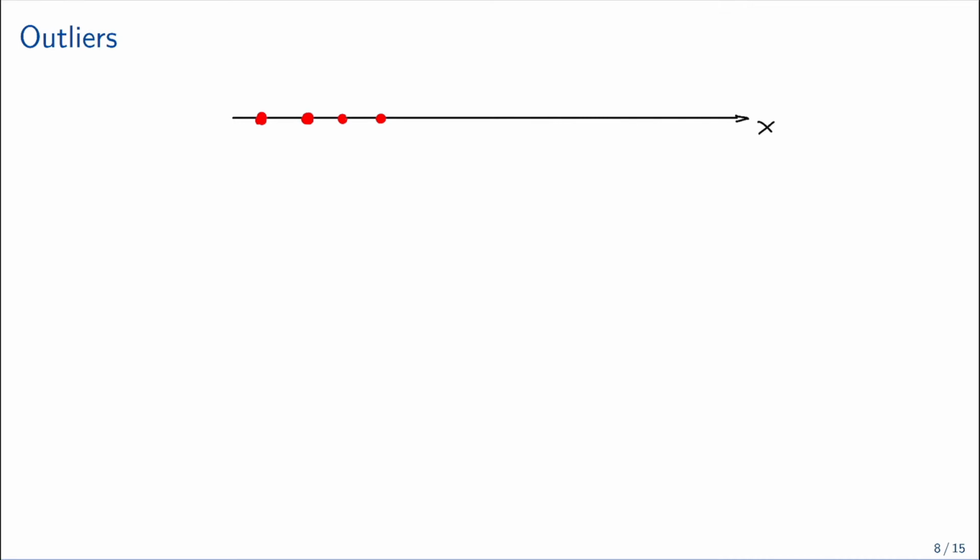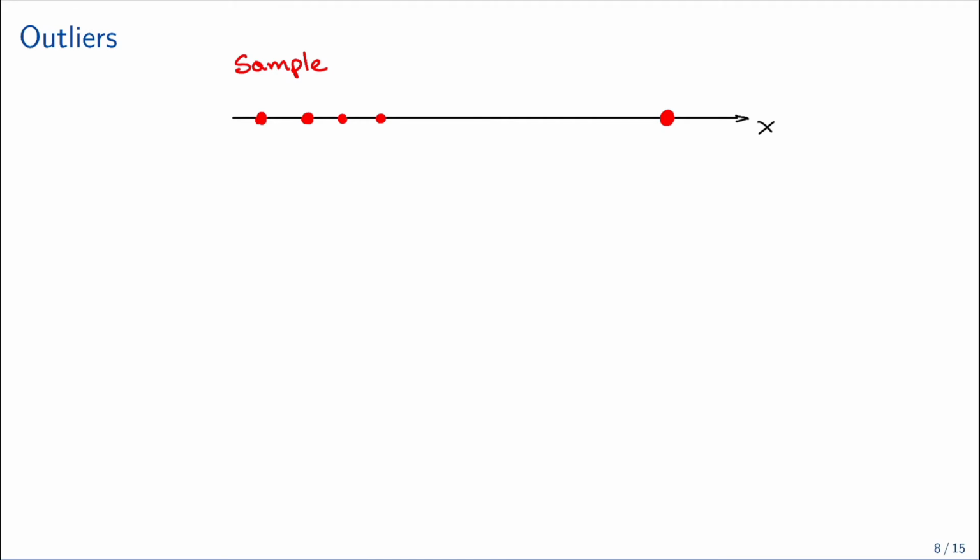Let's suppose that we have a sample, so this is a sample, in which we can locate the elements in the sample over here. But for some reason that sometimes happens, we have an element that is far away from the others.